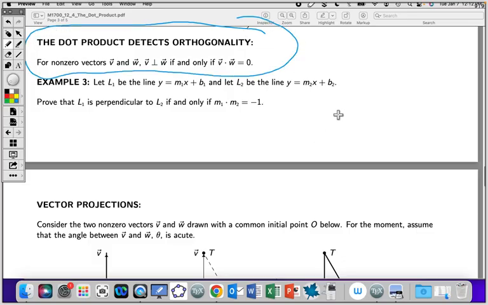For two non-zero vectors, V is orthogonal to W if and only if V dot W is 0. So you might have seen this notation before for perpendicular lines, same for orthogonal vectors. So this upside down T here means orthogonal. So if the dot product is 0, that means the angle between the vectors is 90 degrees. They're orthogonal, and then vice versa.